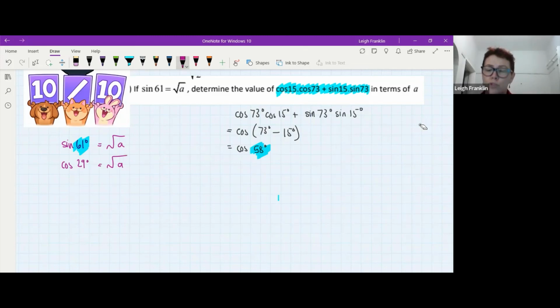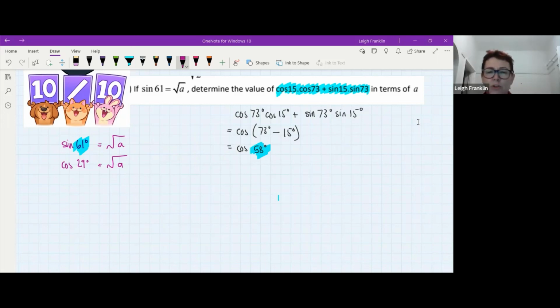This is so important when you do your compound angles and double angles: your sine, cosine co-ratios. If one is sine and the other is cosine, and the angles add up to 90, we can write sine as cosine and cosine as sine. Very, very useful, very important. So now we are able to relate the sine of 61 to the cos of 29.